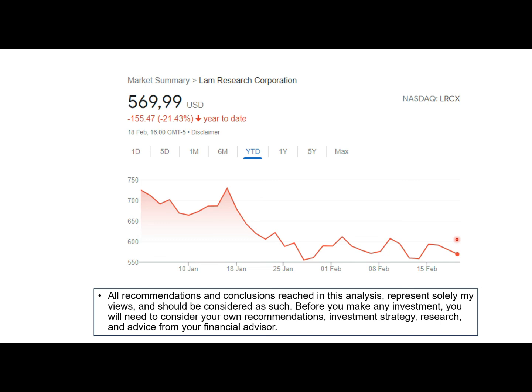I think even if one puts their money in Lam, it's still a good investment. But given other companies, I'd rather put my capital somewhere else. But still, overall, very, very good company. No complaints there.